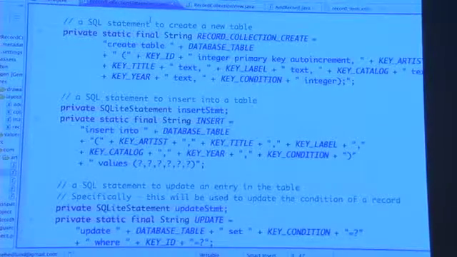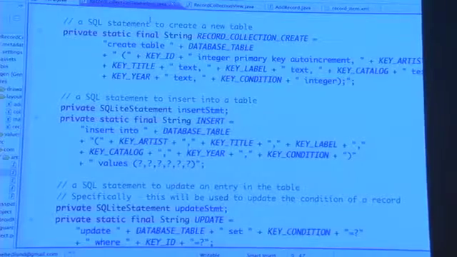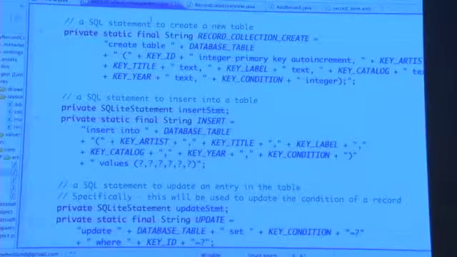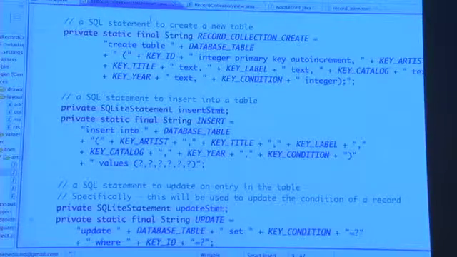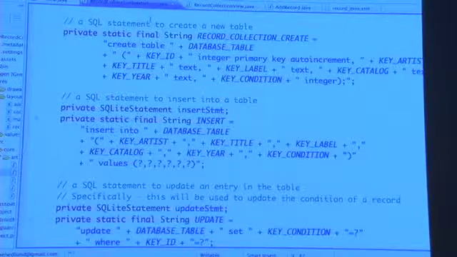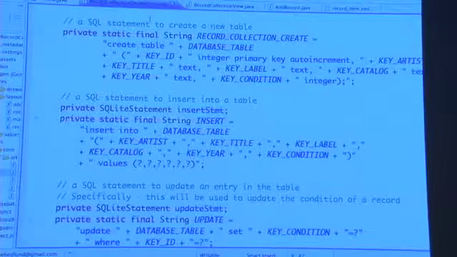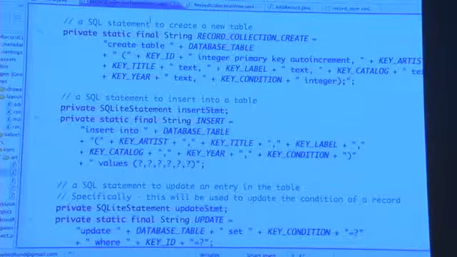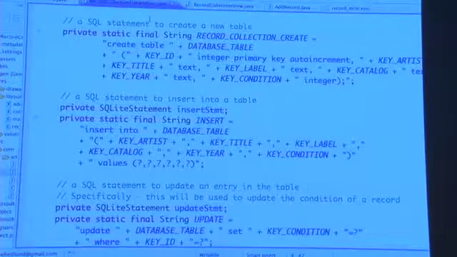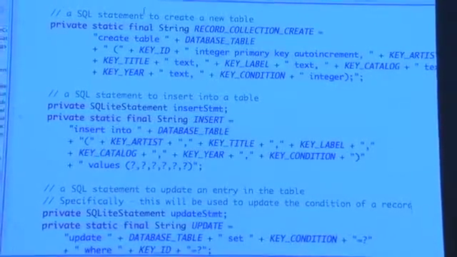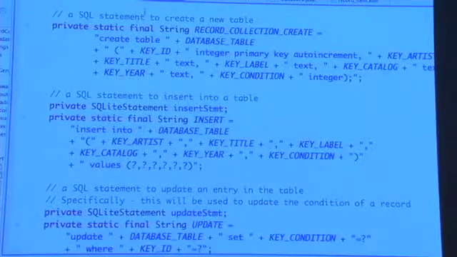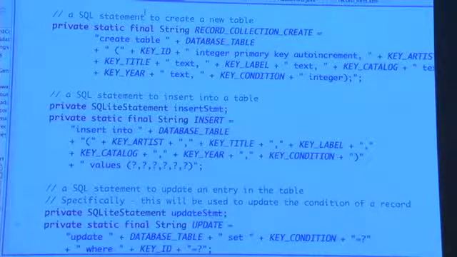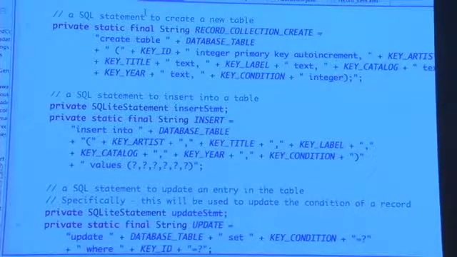Specifically, the insert, update, and delete statements are static final strings that will be compiled in my constructor for this class. So they're just compiled once, and then you can execute them, in my insert, update, and delete methods. You can execute them as many times as you want with different values, but they don't have to be recompiled.